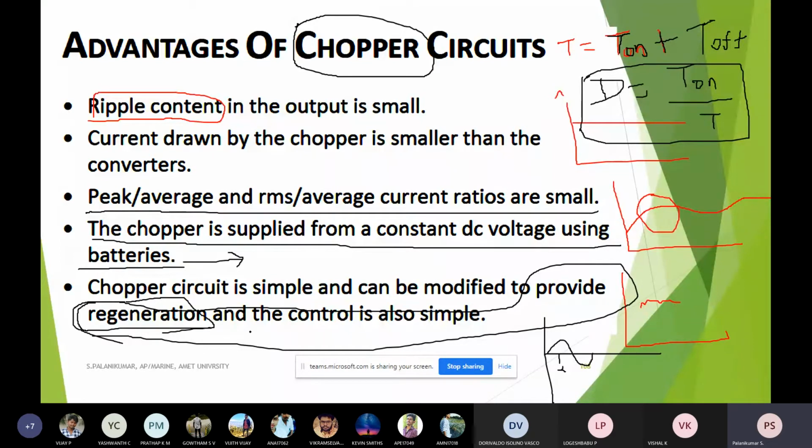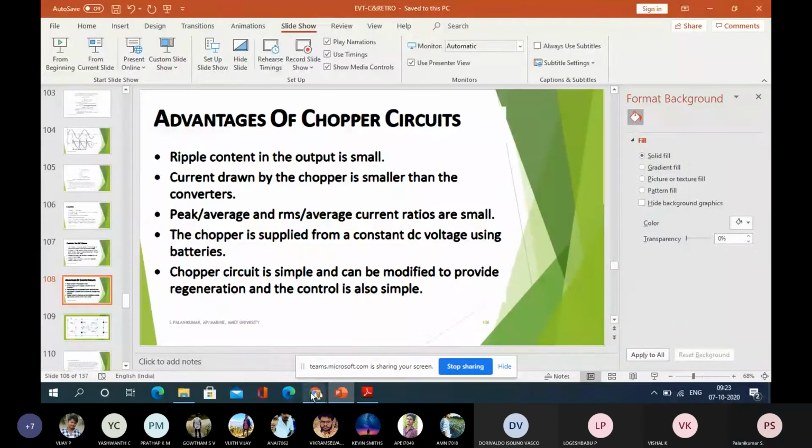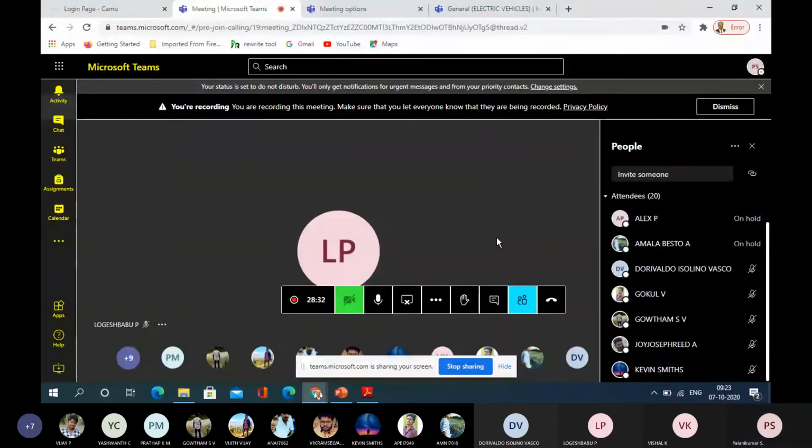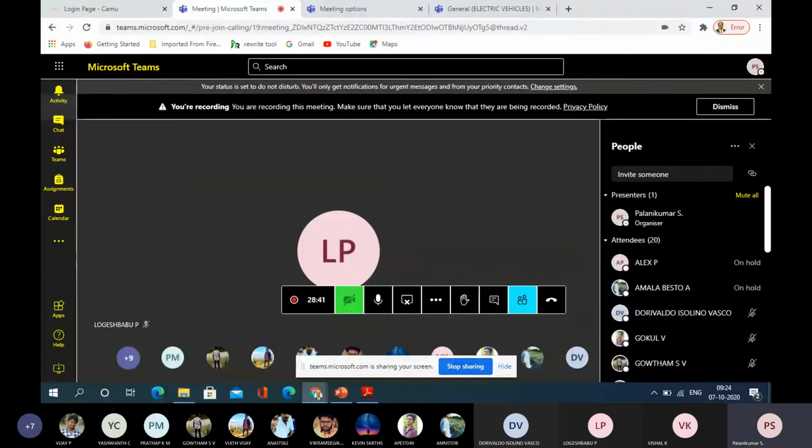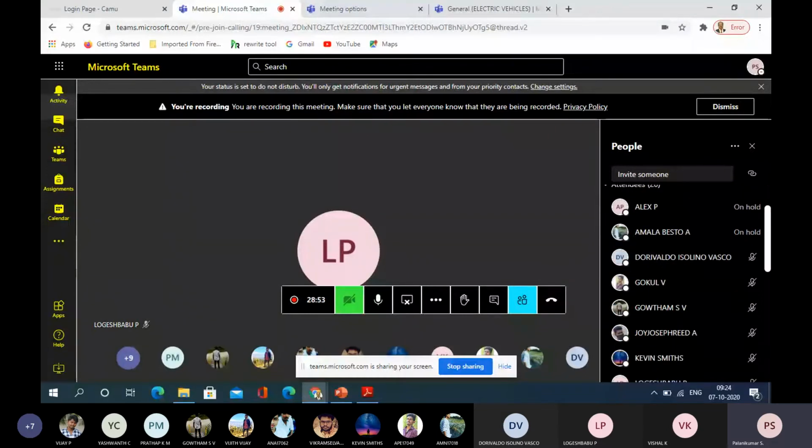At this point, I want to know if there is any clarification regarding the chopper basic concept. Am I audible? Are you all listening? Hello?